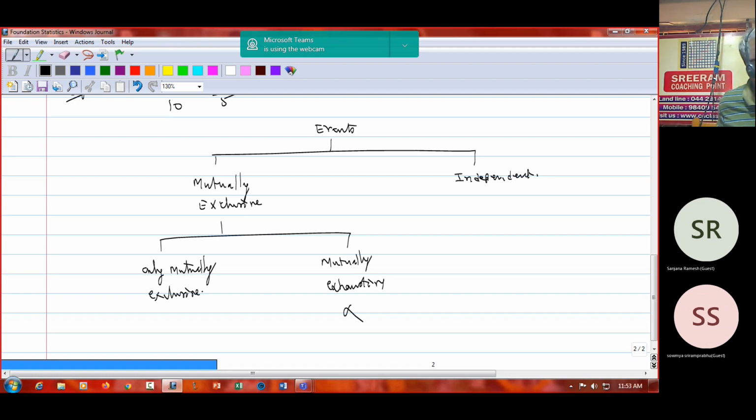Remember the problem that we have just done? 120 and 96. I think example number 5. He is remembering that example number 5. So there we have added.